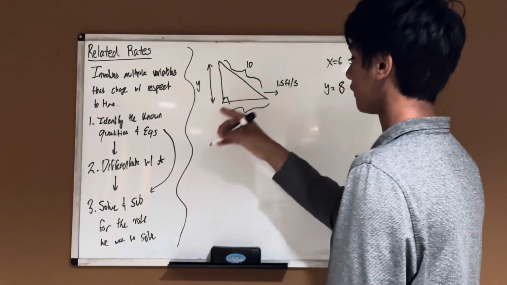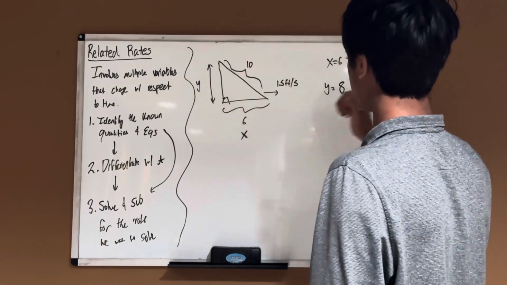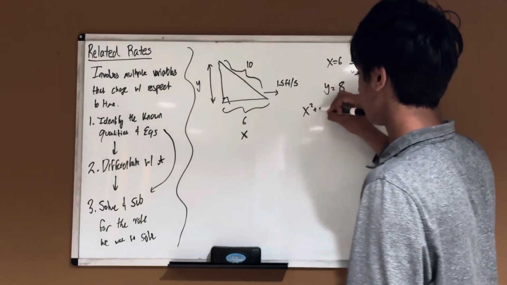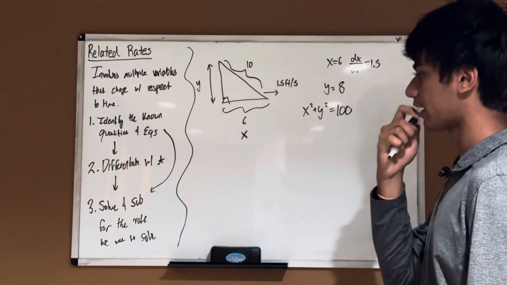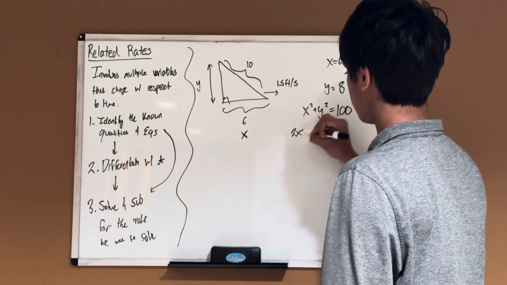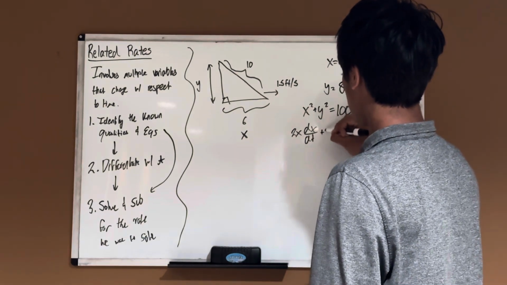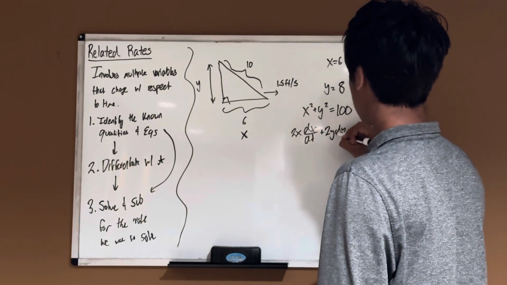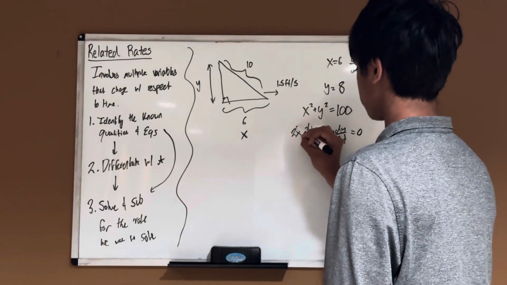Okay, and our primary equation is going to be, if we use the Pythagorean theorem, x squared plus y squared equals 10 squared, or x squared plus y squared equals 100. Great, so now we have to differentiate with respect to time, so we get 2x dx dt plus 2y dy dt equals 0. The 2's cancel out, right?